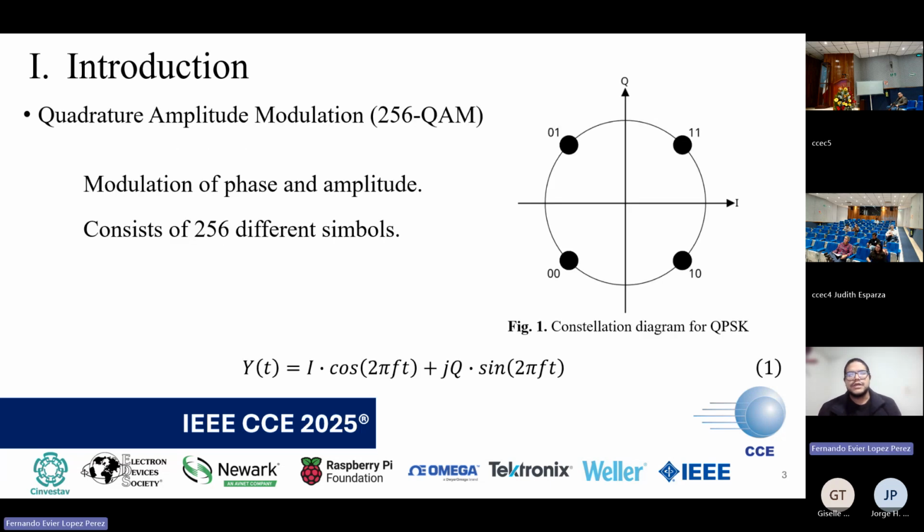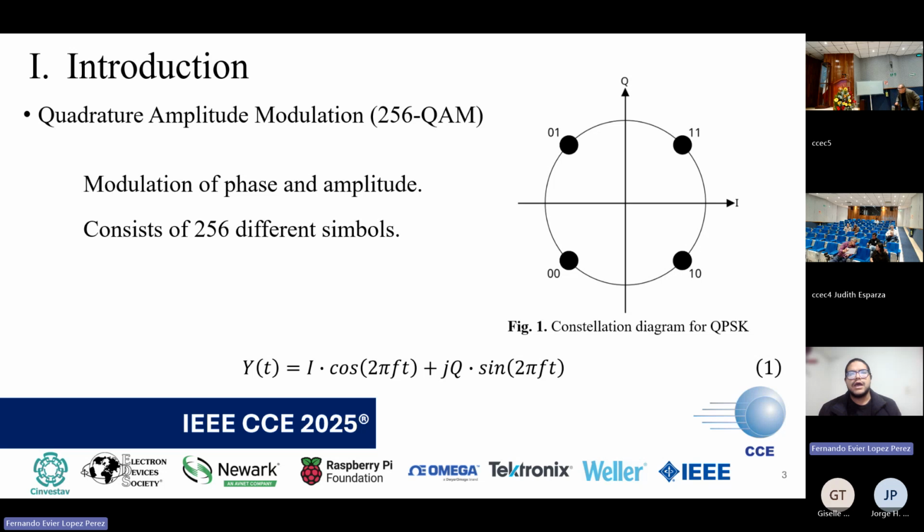First, regarding 256 QAM modulation, basically this is a modulation scheme that consists of applying changes to the phase and the amplitude of the signal. This is done in a way that allows us to obtain up to 256 points or different symbols. To achieve this, we need an 8-bit data input, and it can be represented mathematically using equation 1.